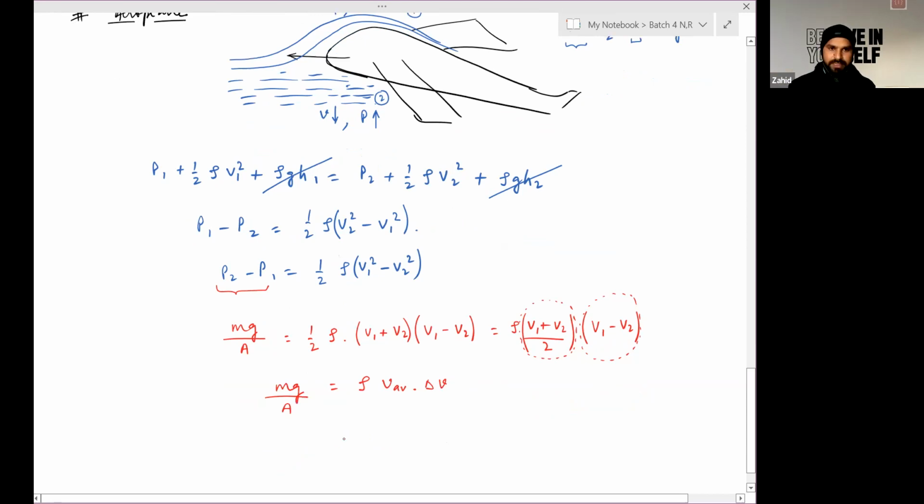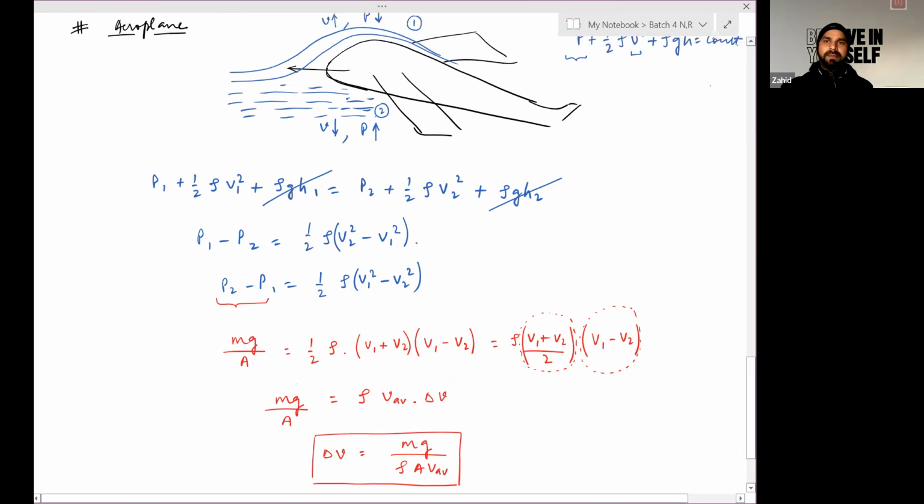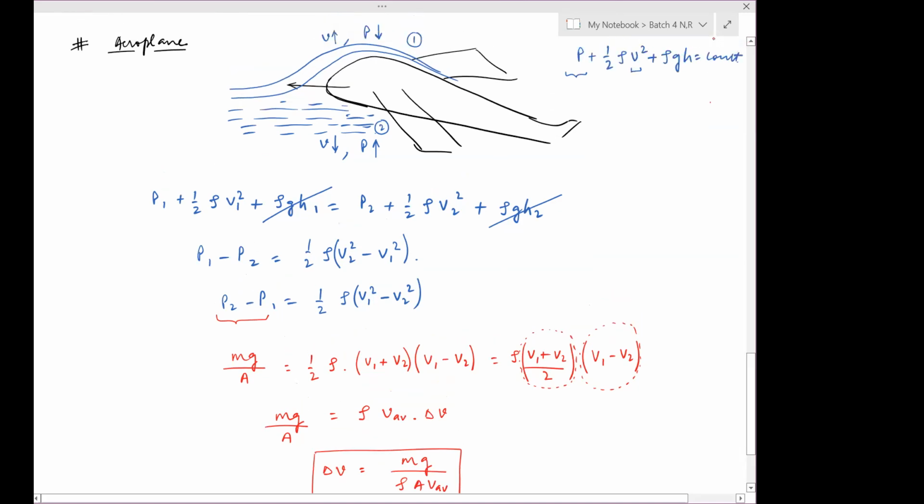We can write delta v equals mg divided by rho A v average. So this will be our final expression for the difference of velocity between two surfaces. Is it clear? Nabila, any doubt? No doubt, sir. Okay, just write it down.